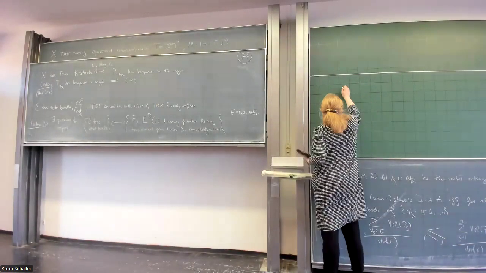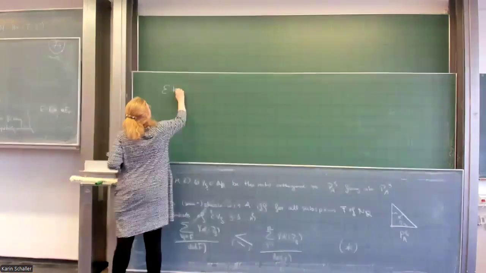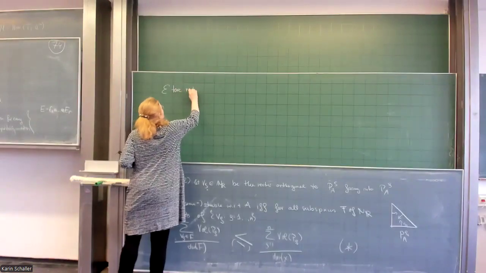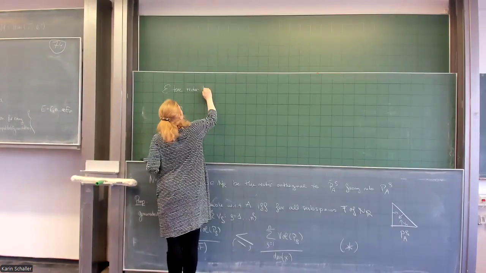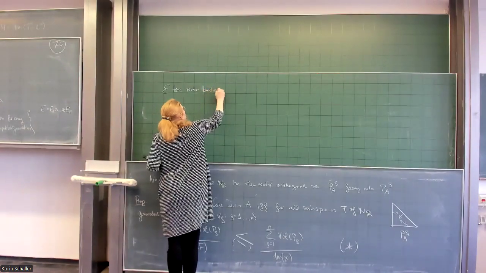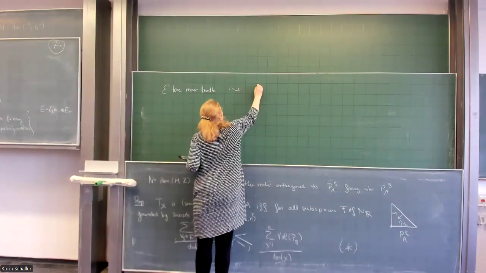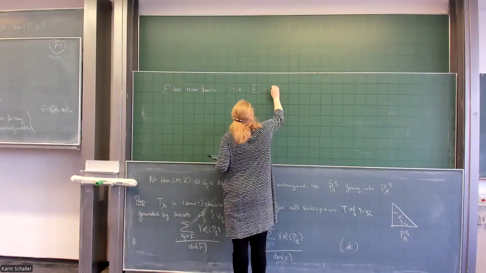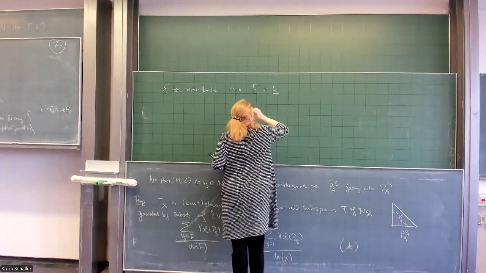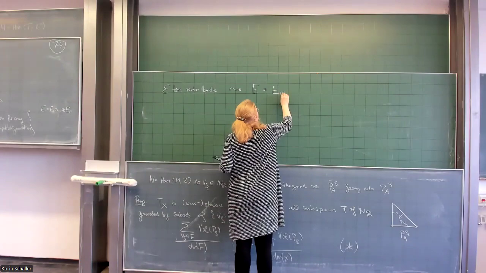So, if E is a toric vector bundle, how do we get this data? What is our vector space E? This vector space E is the fiber over the identity.